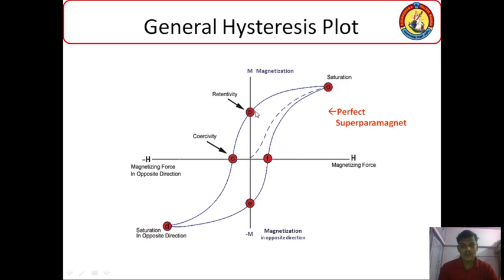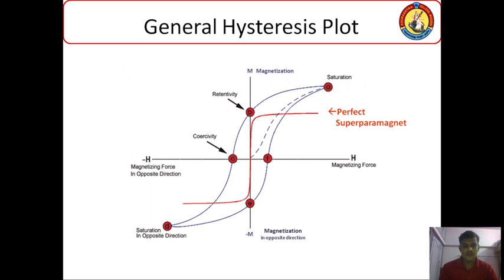Coercivity is the field required to reduce the magnetization value to zero. So these three parameters generally distinguish the hysteresis behavior of the ferromagnetic material.